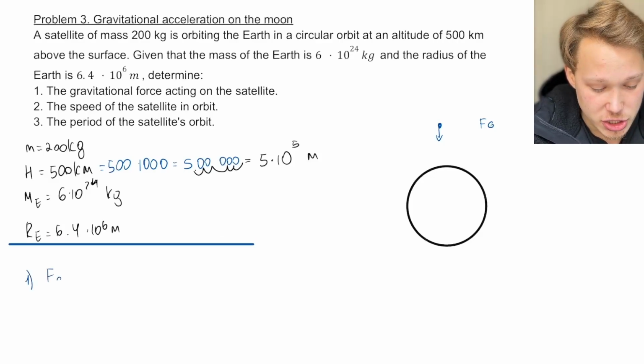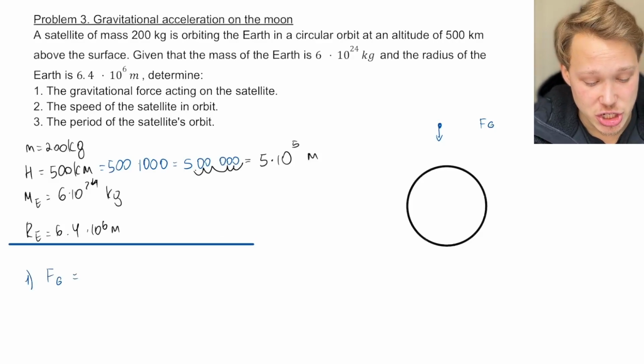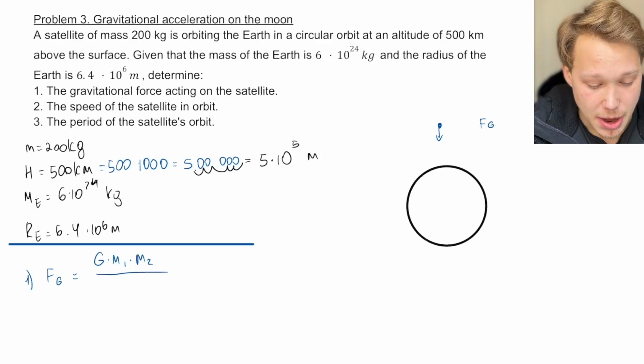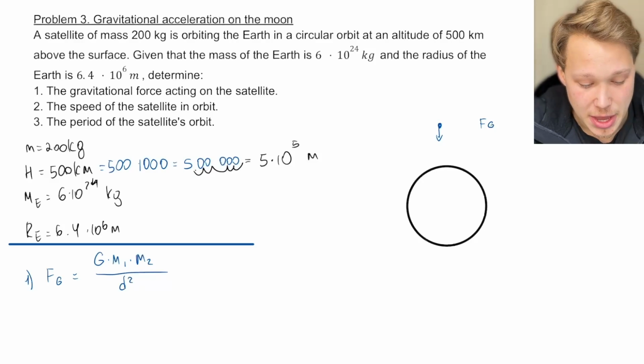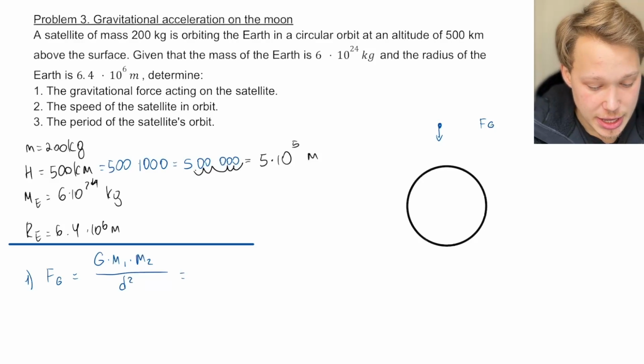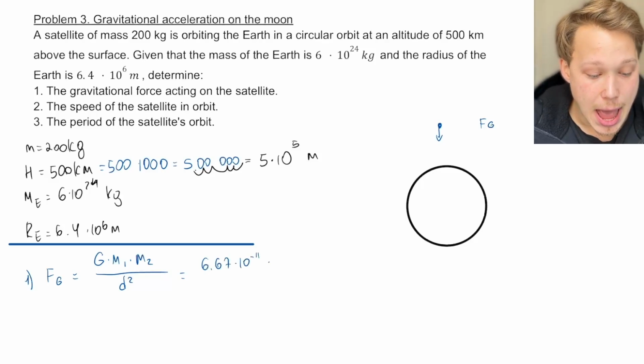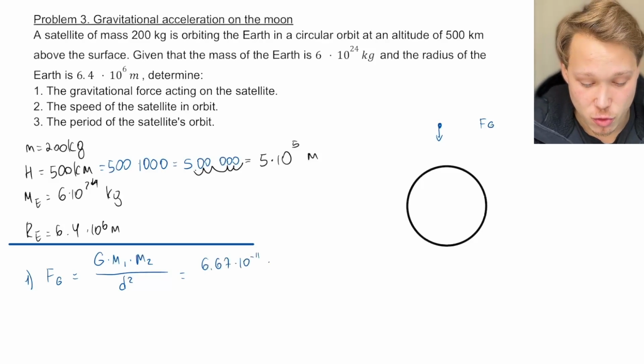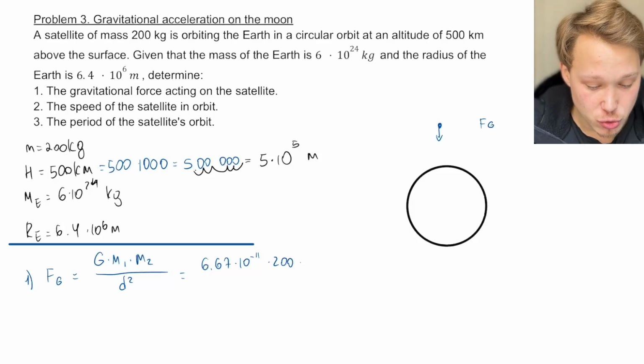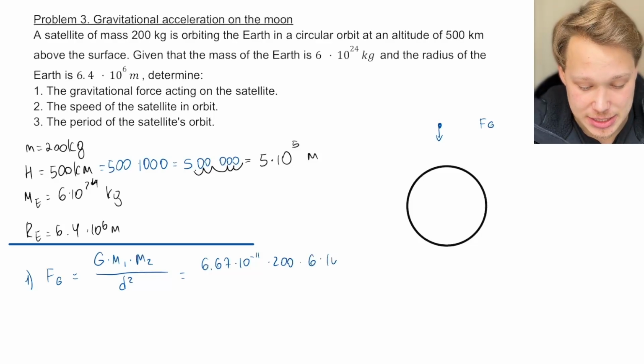So the formula for gravitational force is G, the gravitational constant, times the first mass times the second mass divided by distance squared. Now, G is just a constant, 6.67 times 10 to the minus 11. M1 is the mass of the satellite, of course, 200 kilograms. M2 is the mass of the Earth, because that's the second body in this problem, the second mass.